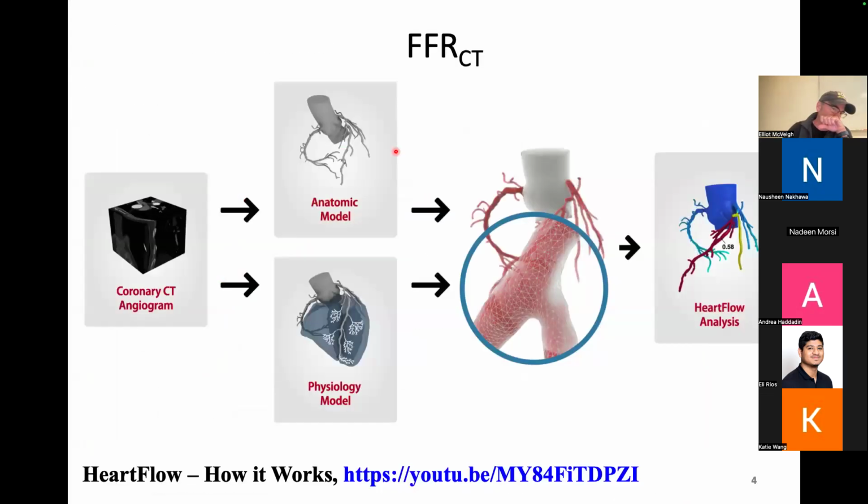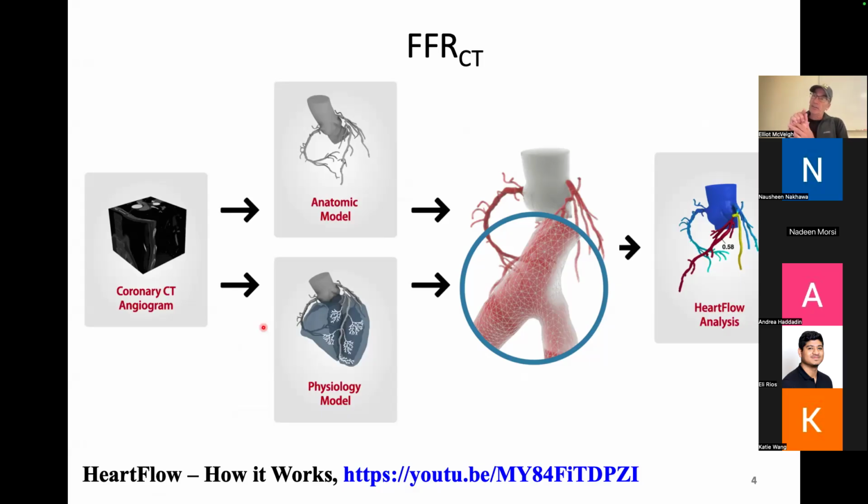So another way of evaluating risk is to look at the nature of the lesion in terms of its ability to stop blood flow. And this is basically called FFRCT. It was developed using a computational method to simulate a measurement that's actually done with a catheter.